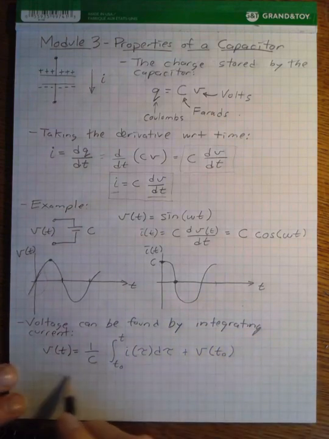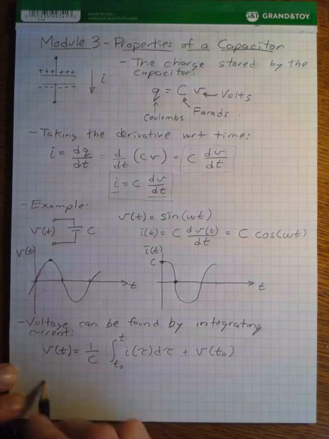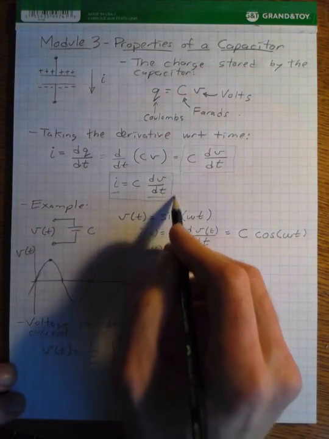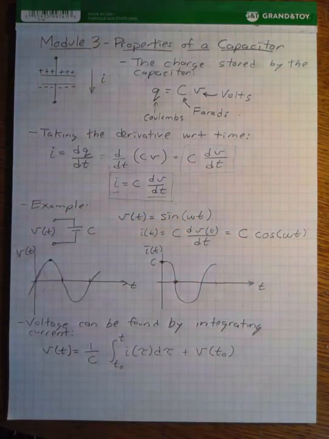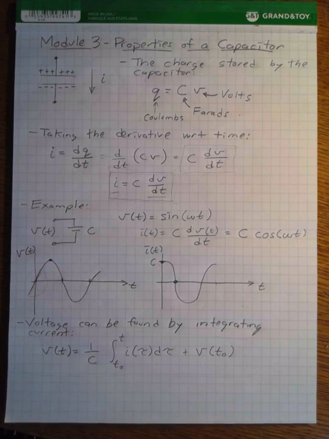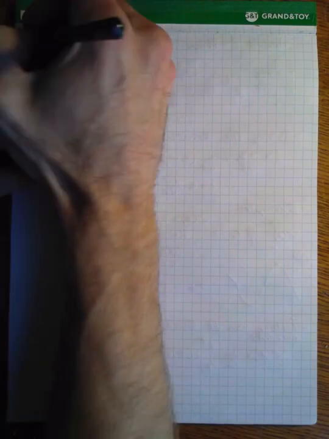And all this is just taking this equation and inverting it and solving for voltage. So if current is the derivative of voltage, voltage is the integral of current. So we can do a simple example using this voltage integral equation as well.